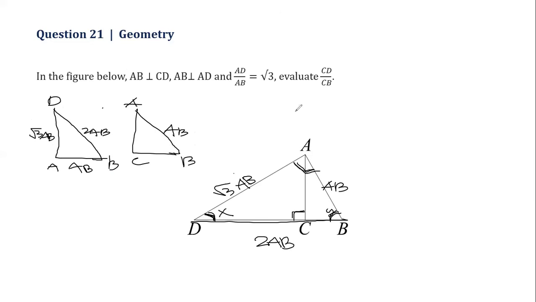So for what we can see here, this means that the length of CB is half the length of AB, and the length of AC should have the length of AB times square root of 3 over 2.